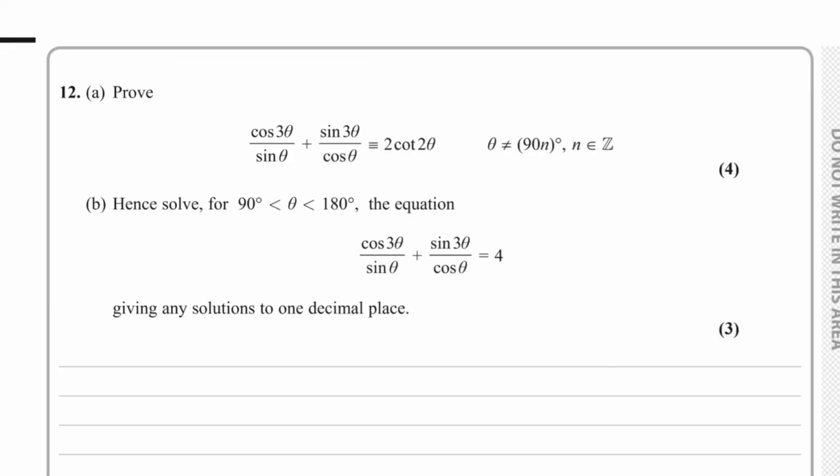Question number 12. We have to prove over here that cos of 3 theta over sine of theta plus sine of 3 theta over cos of theta is equivalent to 2 cot 2 theta, where theta doesn't equal 90 n degrees and n is an integer.